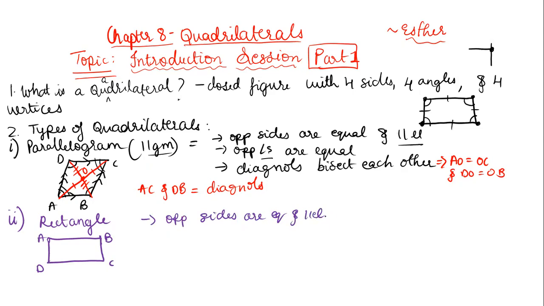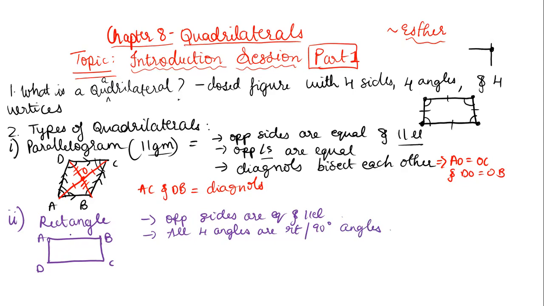Then also we can say that all four angles are right angles, or 90-degree angles. Clear?